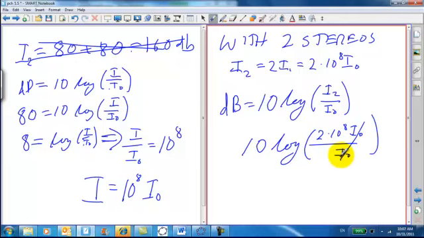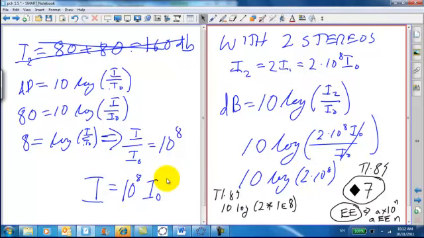These initial intensities cancel. You put this in your calculator, 2 times 10 to the 8th, and let's see what we get. Okay, on my calculator, I get 83.0103. So it only went up by 3 decibels, because this is on a logarithmic scale.